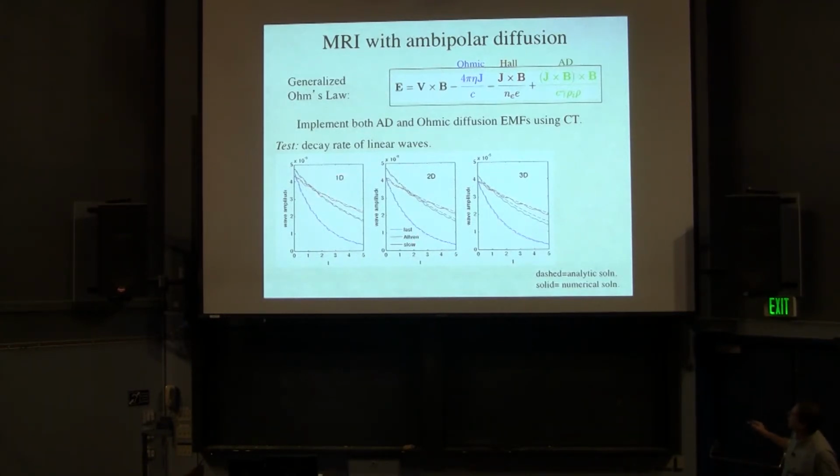So here are plots of the fast, Alfvén, and slow modes with the dashed lines representing the analytic decay rates and the numerical solutions plotted on top. There is slight ringing here because these calculations are not initialized with an exact eigenmode of these resistive modes. So there's a slight superposition of linear waves which produces oscillations. But the decay rates are consistent with the analytic solution. So again, this is a good way to test with the analytic solutions.